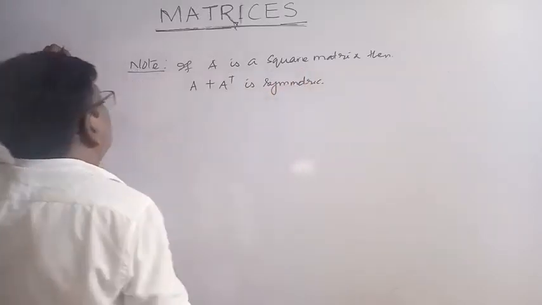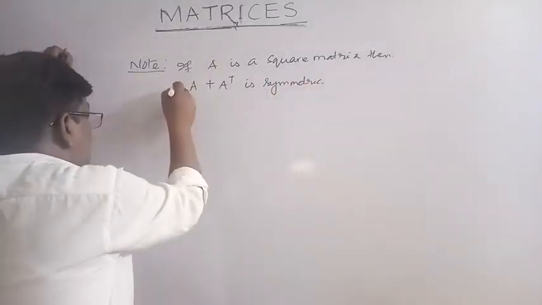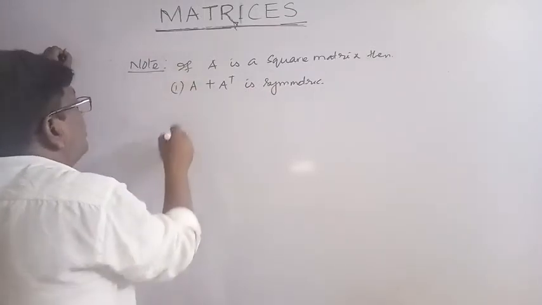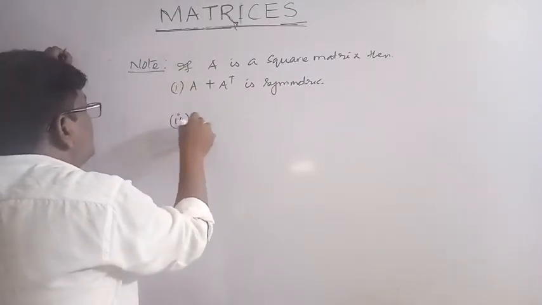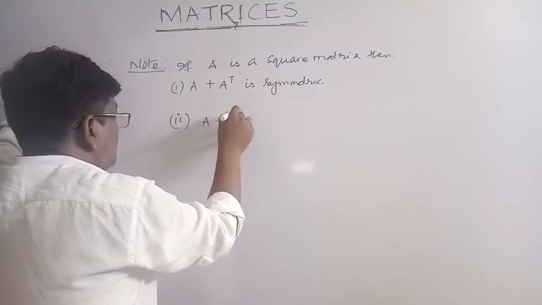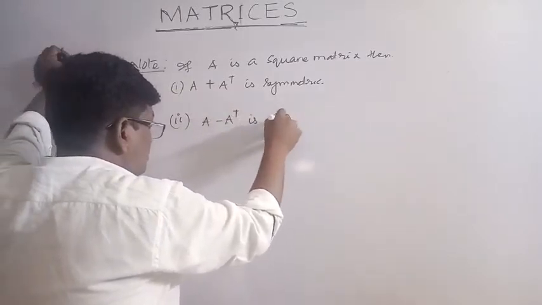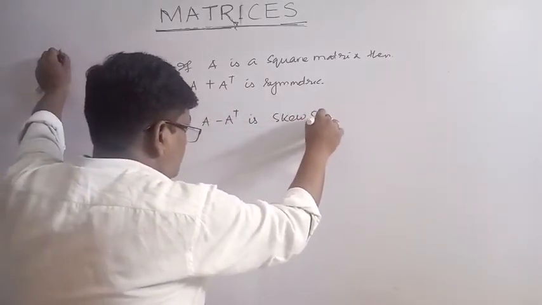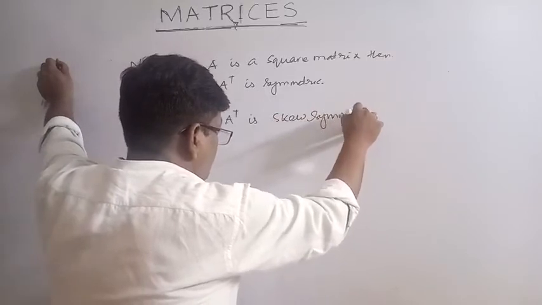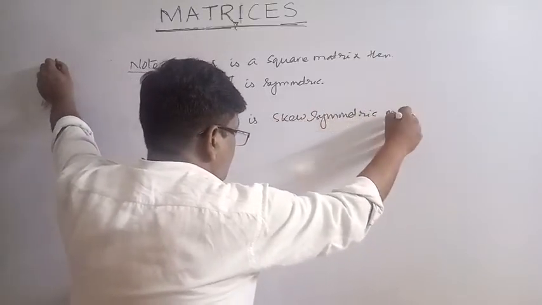This is part 1, and part 2 is A minus A transpose is a skew symmetric matrix.